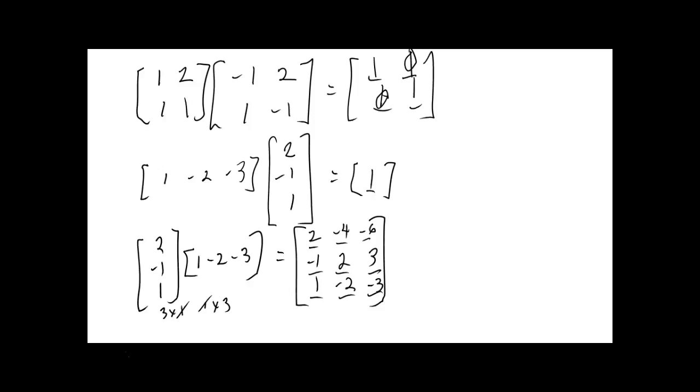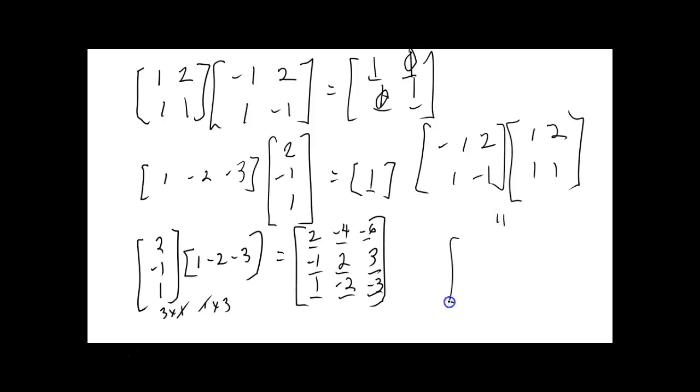Let's go on and do that one. Let's do this one. -1, 2. The book is asking you, I'm asking you to. 1, -1. And multiply that by 1, 2, 1, 1. We're going to do that one. Can you do it? What size? 2 by 2.